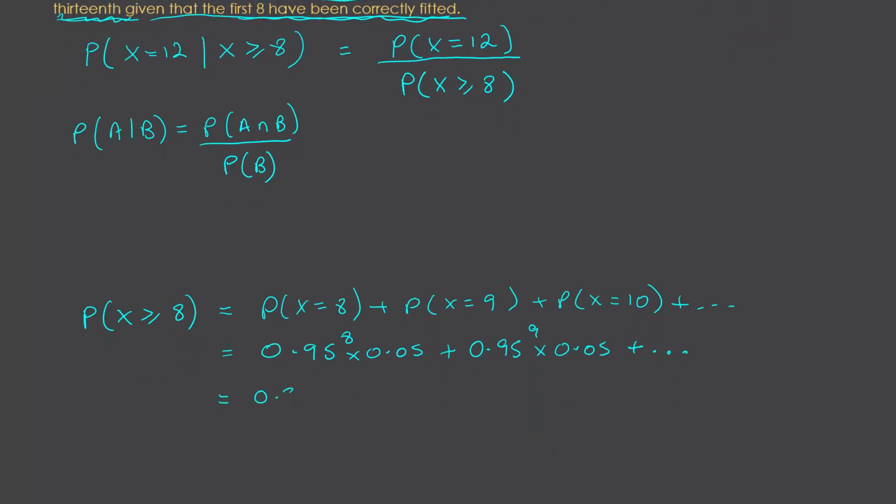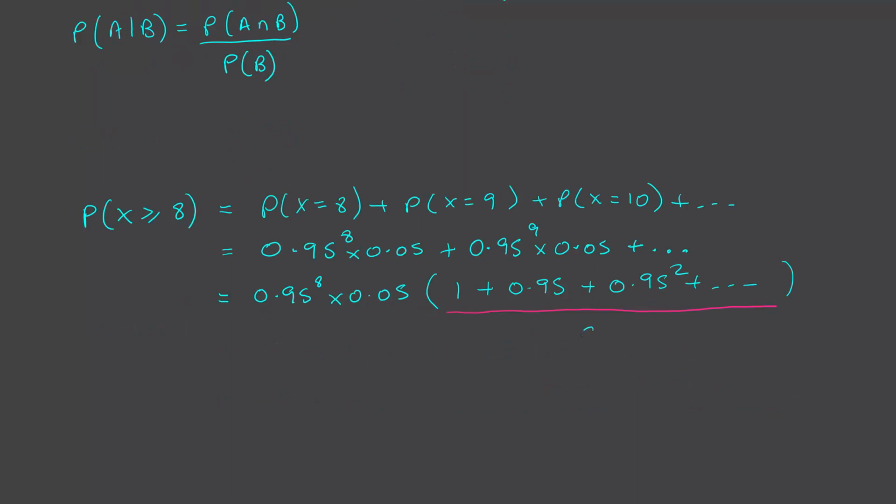So we've got a 0.95 to the 8 times 0.05, which we could take out as a common factor. And then we'll have 1 plus 0.95 plus 0.95 squared, and so on. And this part just here is an infinite geometric series. So we can do the sum to infinity, which of course is a over 1 minus r, and in this case that's going to be 1 over 0.05.